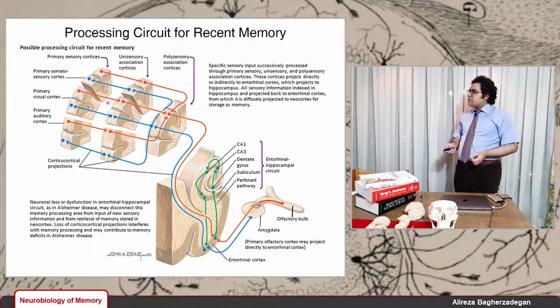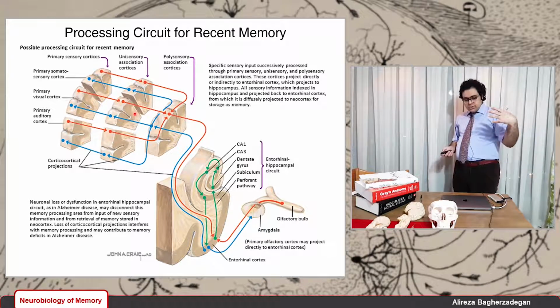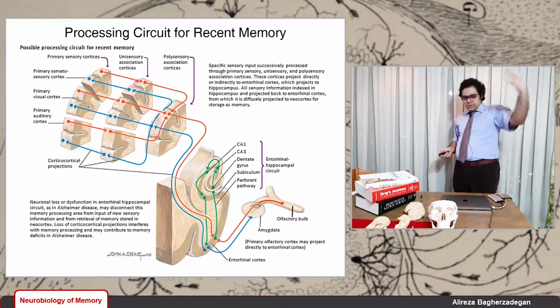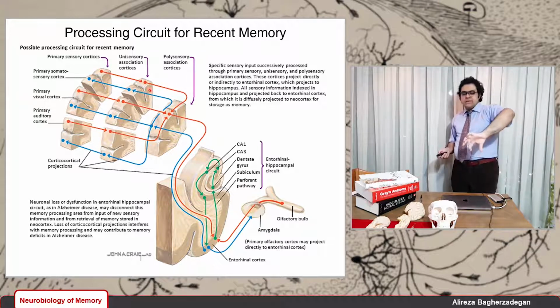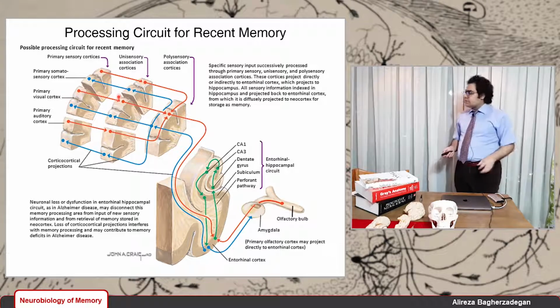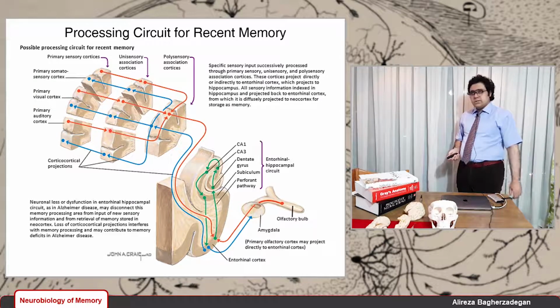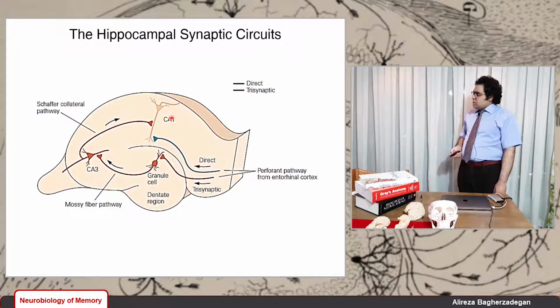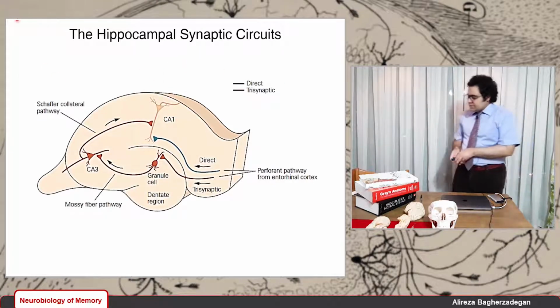I'm going to talk about the cellular mechanisms of how memory is formed and then transferred to different cortical areas in the second section of these lectures. Okay. So, the hippocampal synaptic circuits.